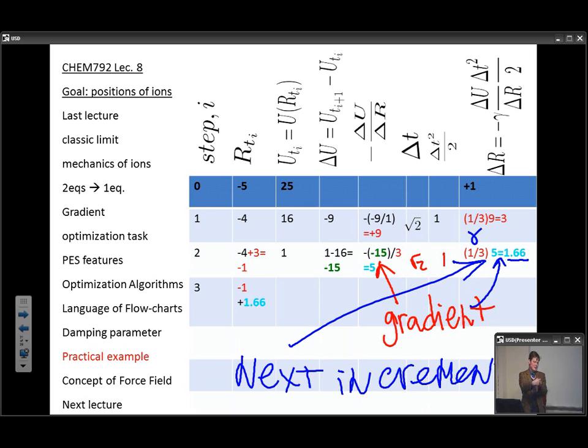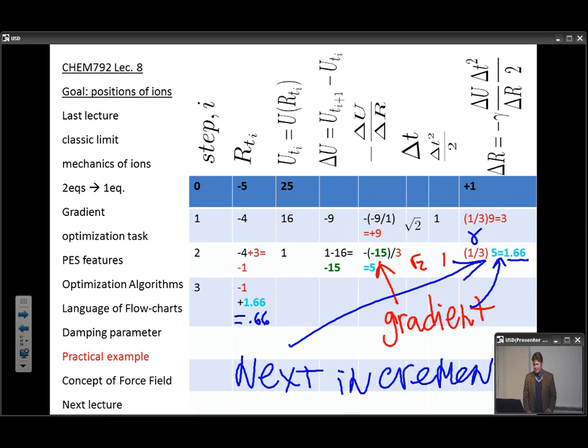And if the algorithm is designed in a good way, then this amount of wiggling about the correct answer will be smaller and smaller. So what we are going to experience with this algorithm from now on, it will be just a little further than 0 and a little bit lesser than 0. So with -1 plus this new delta r, we are going to 0.66.